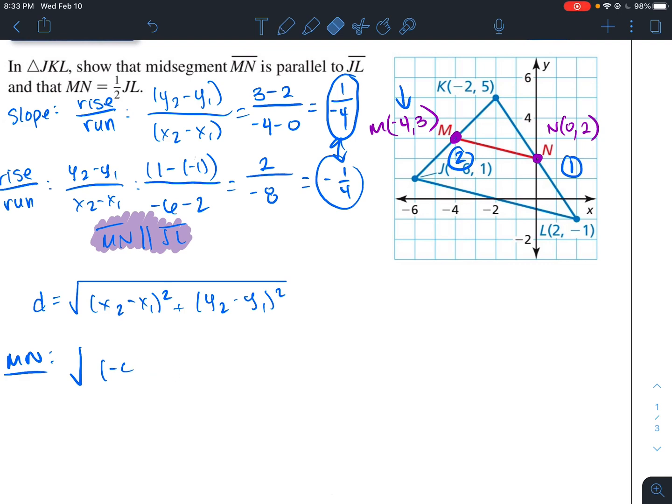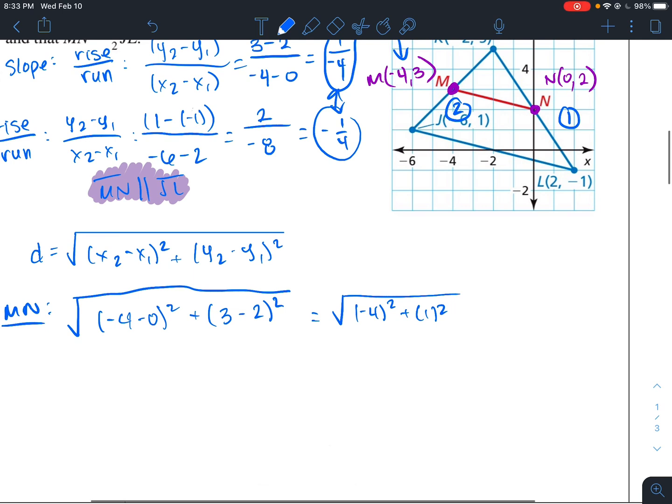So we have negative 4 minus 0 squared plus y2, which would be 3, minus y1, which would be 2, squared. That would be equal to the square root of negative 4 squared plus 1 squared. So that's equal to the square root of 16 plus 1, which is the square root of 17. Let's leave it like that.